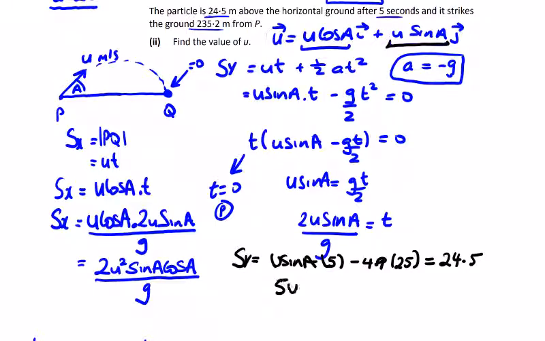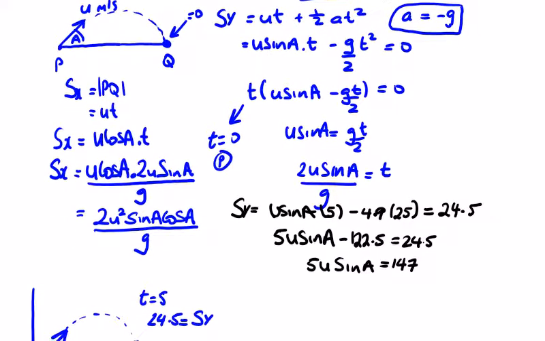So we get 5u sine a minus 122.5 is equal to 24.5. So 5u sine a is equal to 24.5 plus 122.5, so actually 147. So u sine a is equal to 147 divided by 5, which is 29.4.